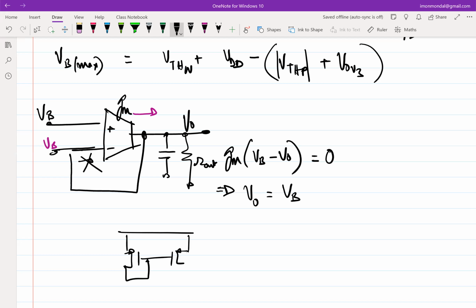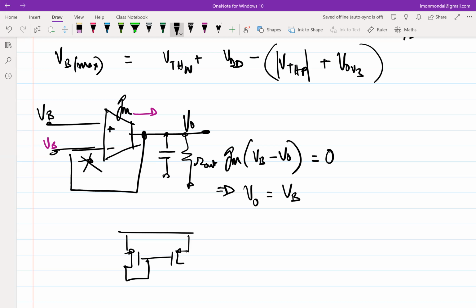Right? So while you are trying to figure out where the input voltage is going to settle approximately, it's a fair assumption to consider both terminals to be shorted. If you are trying to figure out the error voltage, then you cannot assume that to be shorted. But for a zeroth level approximation, you can assume the plus and the minus terminals to be shorted when things are in negative feedback.